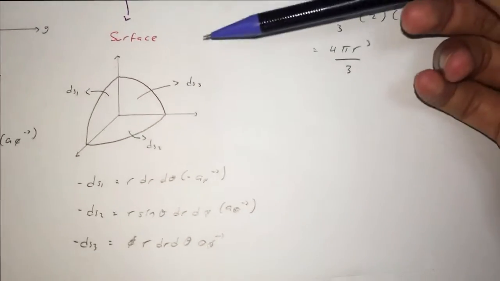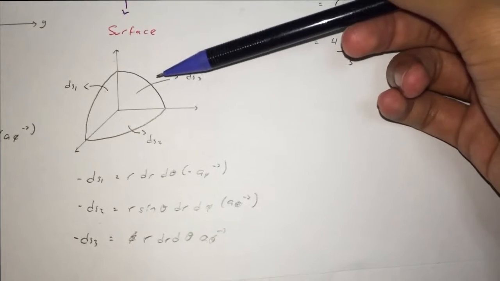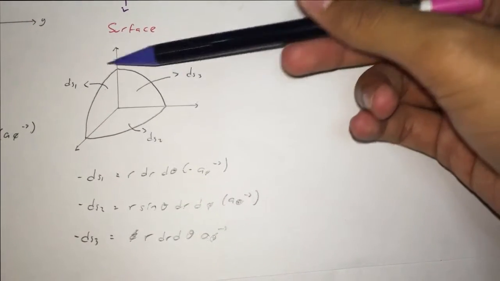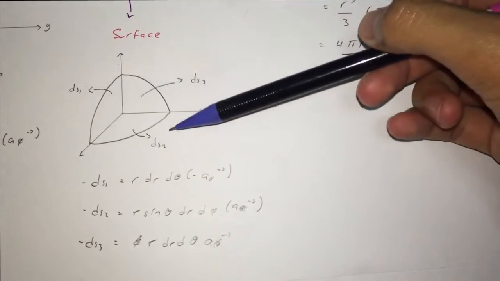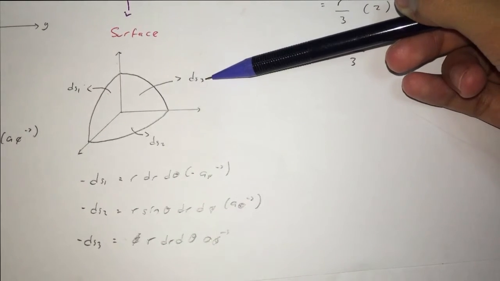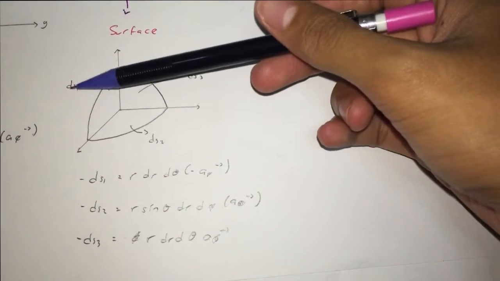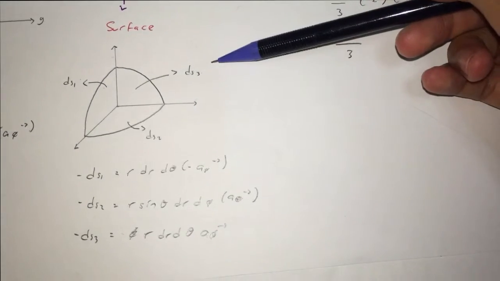Okay, for differential surface, I have three examples: the S1, the S2, and the S3. That also means surface 1, surface 2, and surface 3.